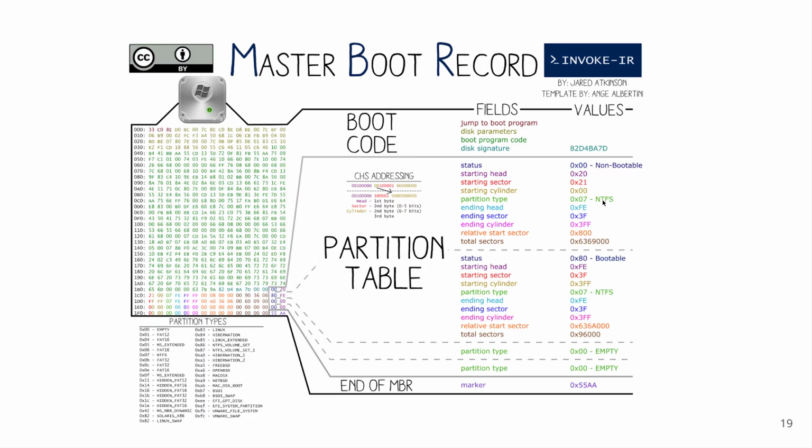Now, observe something. Although this seems to be an NTFS file system, if we trust it, that starts on this cylinder, sector, head triple, it is marked as non-bootable, right? So theoretically, if that was an actual master boot record we're reading, we shouldn't bother trying to boot this NTFS file system because it's not bootable.